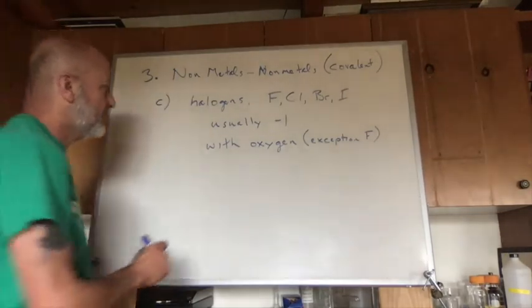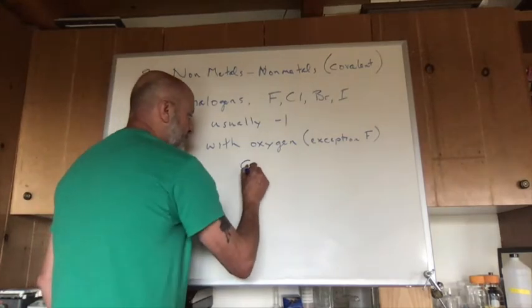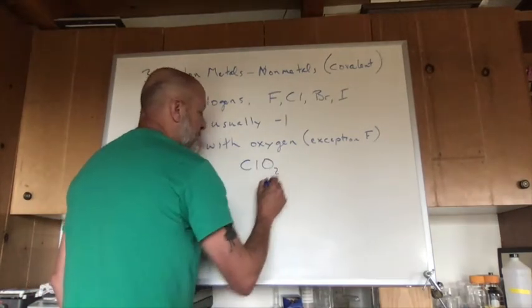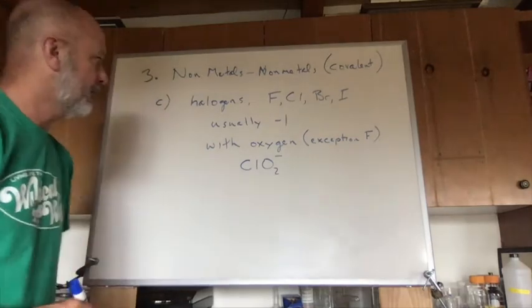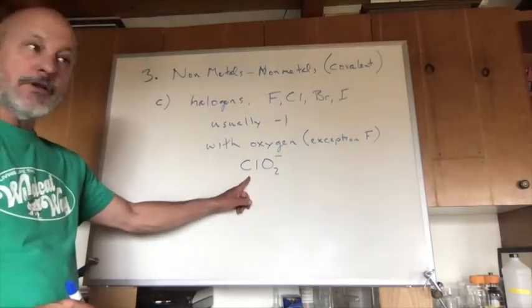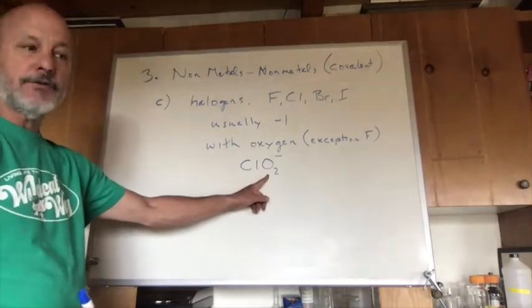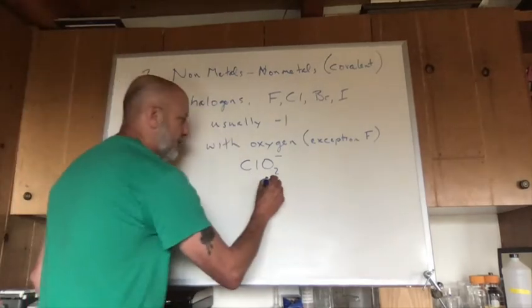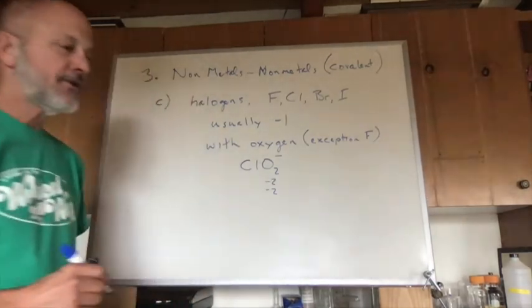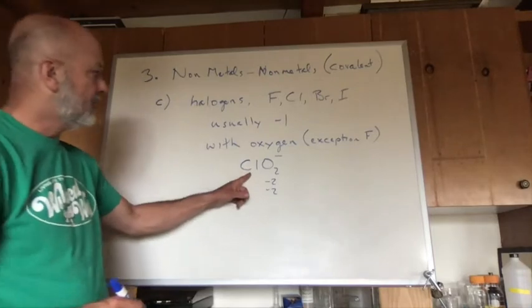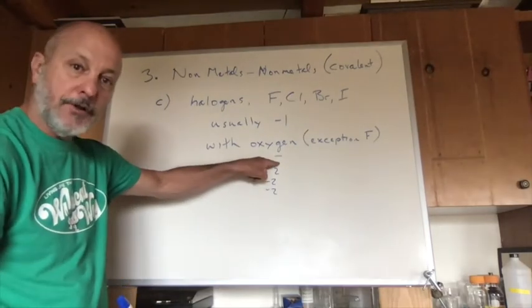When it's bonded with oxygen, for example, let's use the ion ClO2 minus, the chlorite ion. Chlorine, so we say usually it's -1, but wait, it's bonded to oxygen. Who wins? Oxygen wins. Give oxygen the -2 state. Here's chlorine. The net of this is a polyatomic ion.